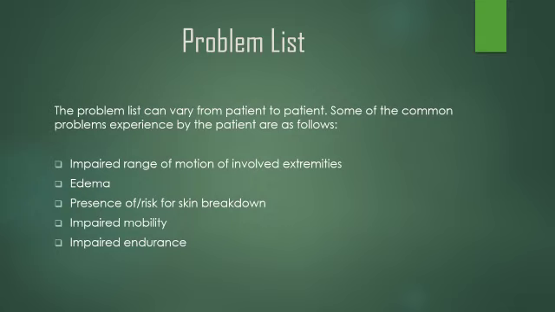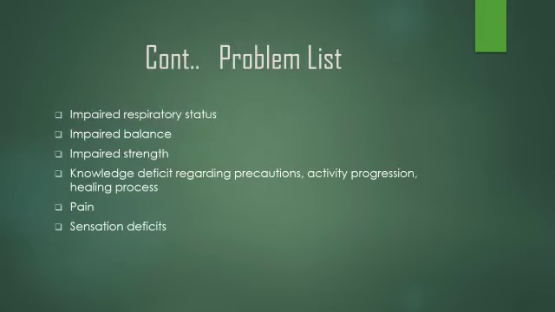Some of the common problems experienced by the patient are as follows: impaired range of motion of involved extremities, edema, presence of or risk for skin breakdown, impaired mobility, impaired endurance, impaired respiratory status, impaired balance, impaired strength, knowledge deficit regarding precautions, activities progression or healing process, pain, sensation deficits.